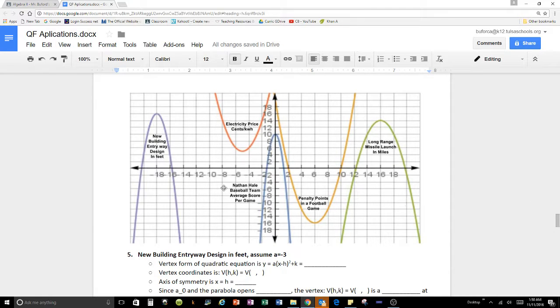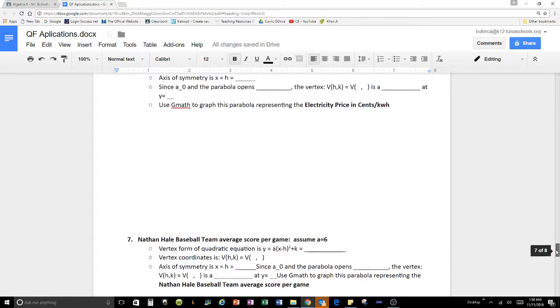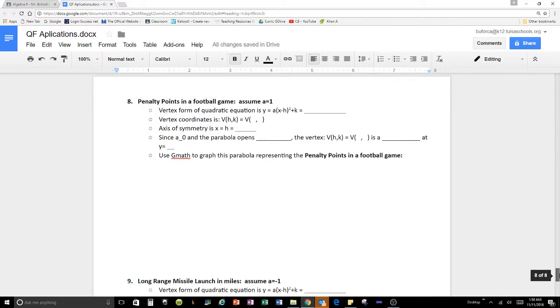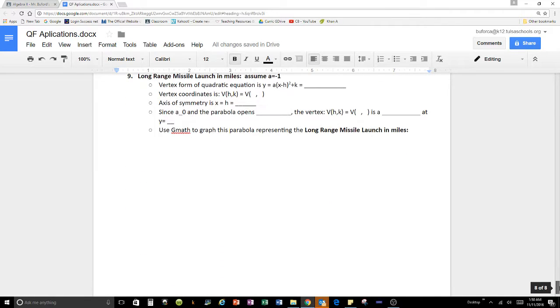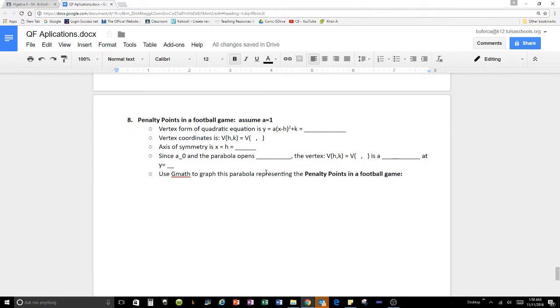And then I've created 5 more examples of how we can model parabolas with the vertex form of the quadratic equation, and I've left space for you to go ahead and complete the information that's required to show that you can model those, fill in those blanks, and then also use GMath to graph those.